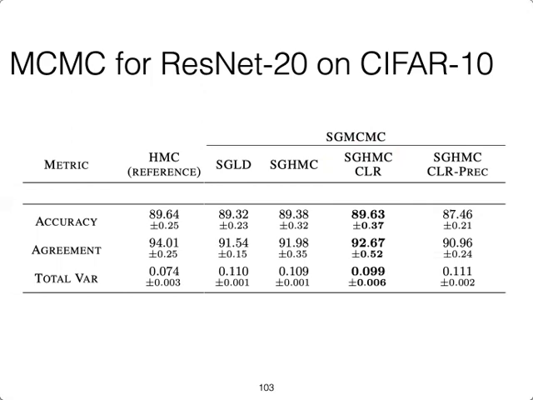And we see that SGHMC with cyclical learning rates did best. It has actually a comparable accuracy and only a 2% drop in agreement. Langevin dynamics actually does well in terms of accuracy, but it loses further in terms of agreement.